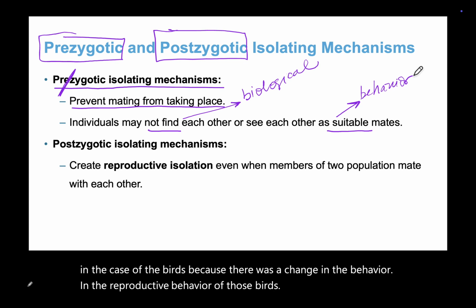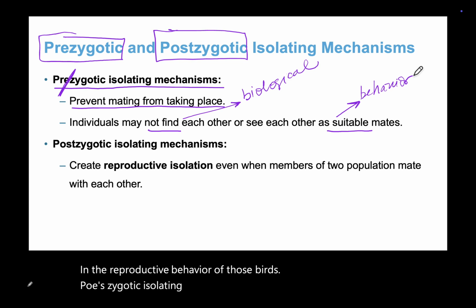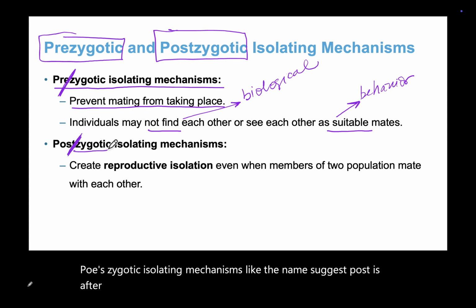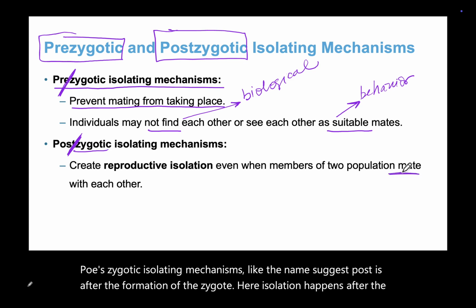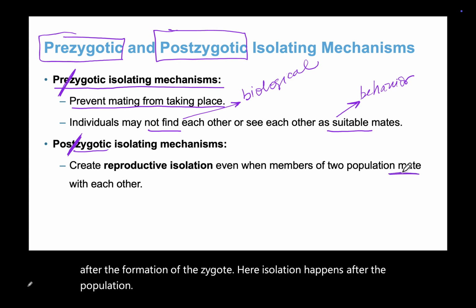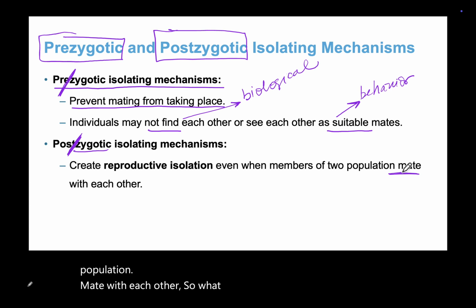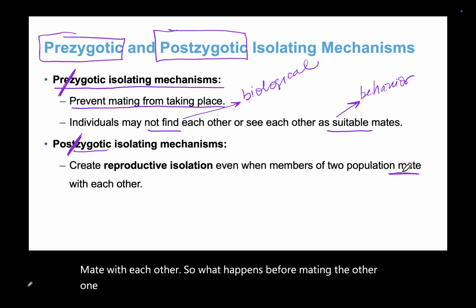Post-zygotic isolating mechanisms, like the name suggests, post is after the formation of the zygote. Here, isolation happens after the populations mate with each other. So one happens before mating, the other one happens after mating.